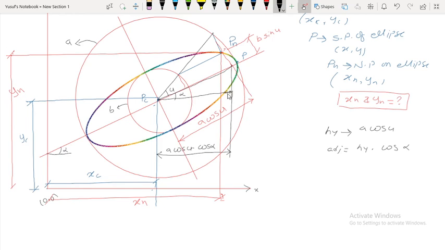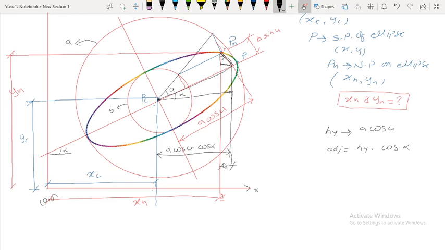And from here only, if I have drawn this line, then in this small triangle this angle will be alpha. This length I know is B sin u.